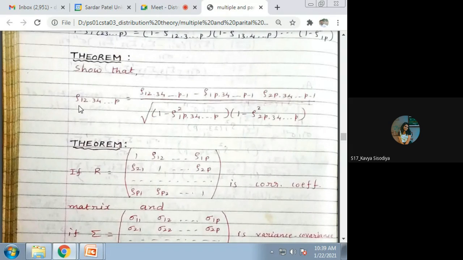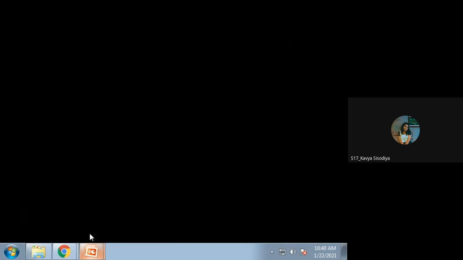The partial correlation between x1 and x2 when x3 is fixed is equal to rho 1 2, because there is no p here. So it is simply the simple correlation rho 1 2 minus rho 1 3 into rho 2 3 divided by square root of 1 minus rho 1 3 square into 1 minus rho 2 3 square.